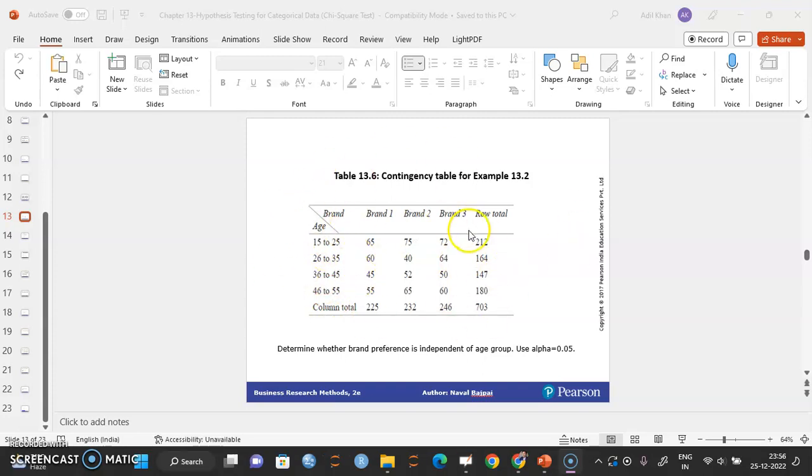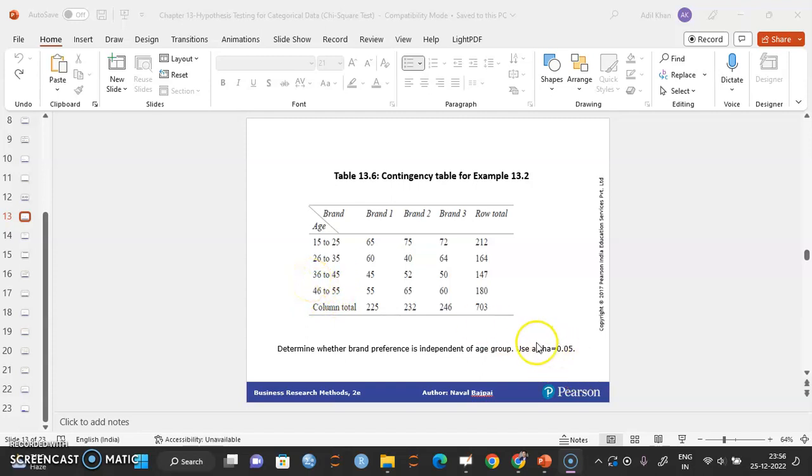In this data we have 3 brands and different age groups. Brands are considered as categories, and this is one variable, brand choice. The age groups are 15 to 25, 26 to 35, 36 to 45, 46 to 55. So these are the 4 categories of age.